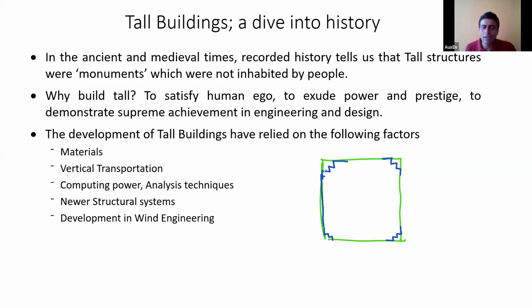So after the wind tunnel testing, the architects and the structural engineer decided to change their plan shape from a square shape to this double notch shape at the corners, and by this they were able to save a lot on the wind forces that were being experienced by the structure. Do you get it?